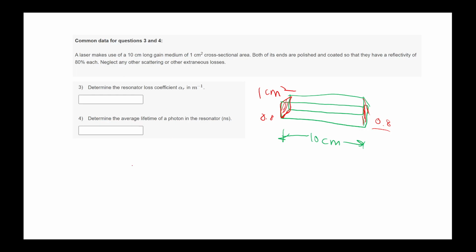Question number 3 asks: determine the resonator loss coefficient alpha r in per meter. So what could be the resonator loss coefficient, and what is the formula for that?